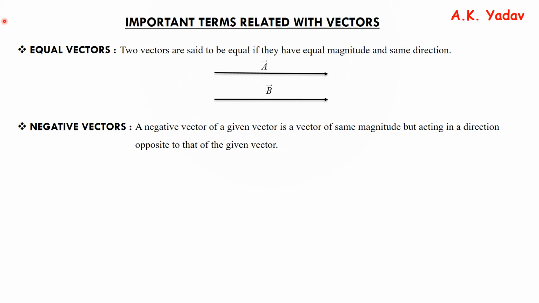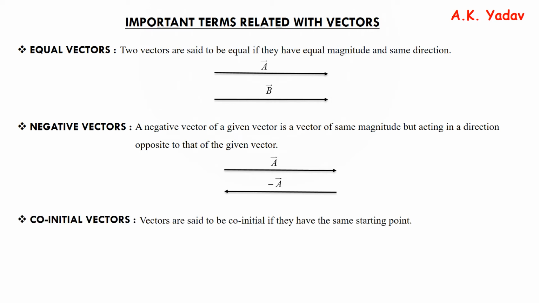A negative vector of a given vector is a vector of same magnitude but acting in a direction opposite to that of the given vector. So if I have been given a vector A, then minus A is the negative vector of vector A. You can see the magnitude is same but the direction is opposite.